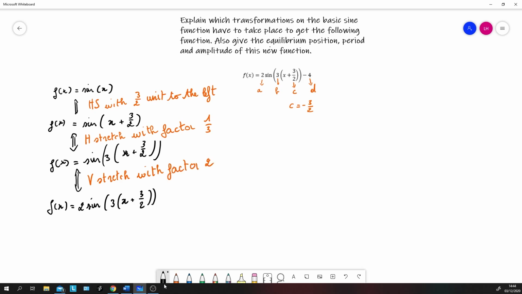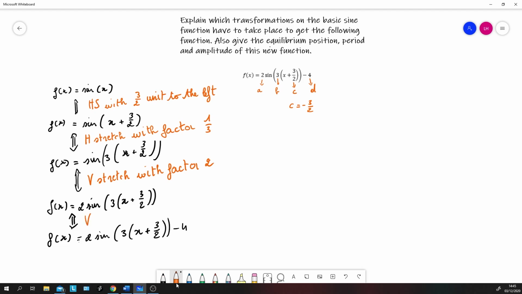And then at last, our vertical shift, the d is here -4, so we're going to write this down. -4. And what happened here?